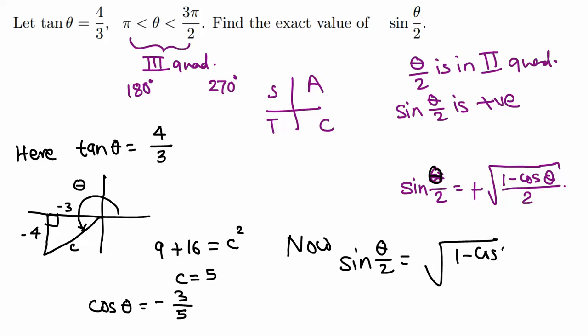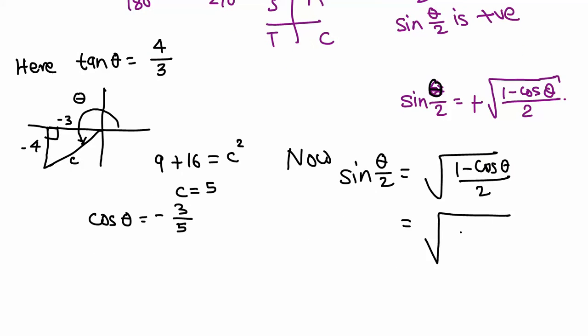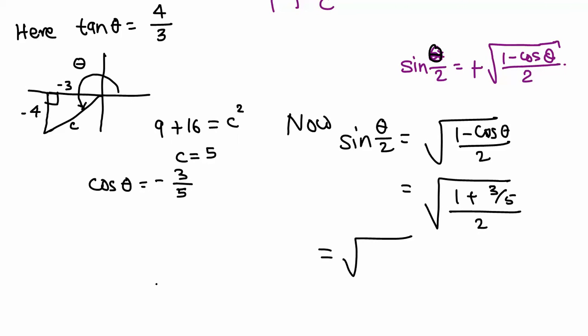Square root of (1 minus cosine theta) over 2, which is now just algebra. 1 minus cosine theta, that's what we just found, negative 3 over 5. 1 minus negative is plus 3 over 5, all divided by 2. So 1 plus 3 over 5. 1 is the same as 5 over 5, plus 3 over 5, so 8 over 5.